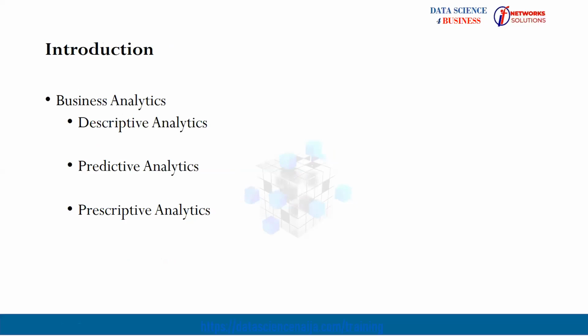So, introduction. It's always good for us to start from the very beginning and have the basics for whatever we want to do. So we are still on the business of business analytics, and we said that business analytics has 3 types. We have the descriptive, we have the predictive, and we have the prescriptive.